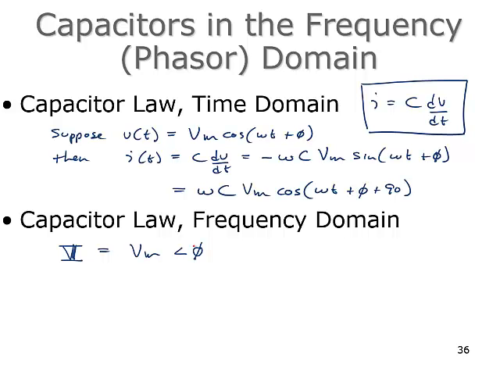And what ends up happening is our phasor current I is j omega C times phasor V. Because, again, this is the 90-degree phase shift we model with just putting a j in front of it, and just omega C, and this whole here is phasor V. And that's the same derivation as the inductor.